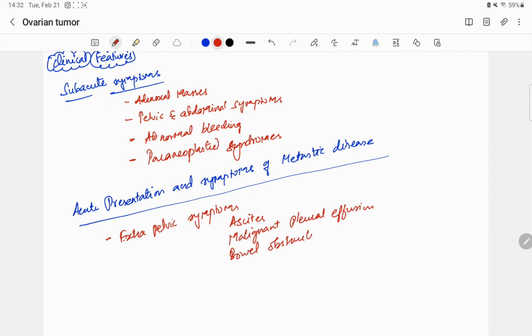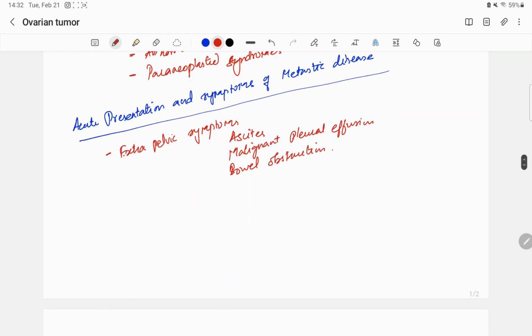And comes the hematological complications, which include venous thromboembolism, and also intrapelvic symptoms such as ovarian torsion.